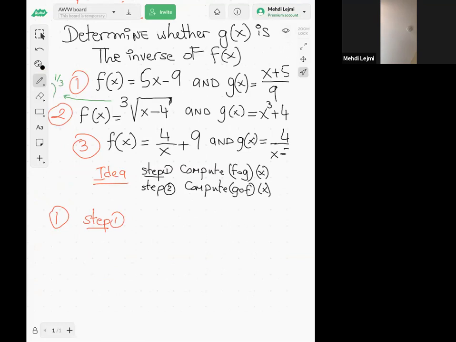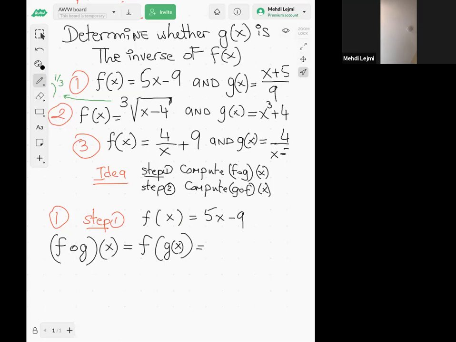we're gonna evaluate f of g of x. So here's my f composed with g of x, which is again f of g of x. My f of x is 5x minus 9.